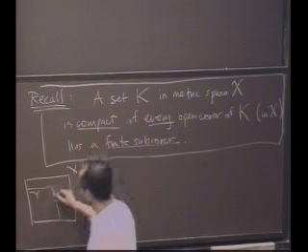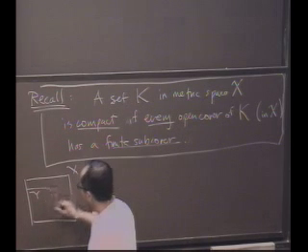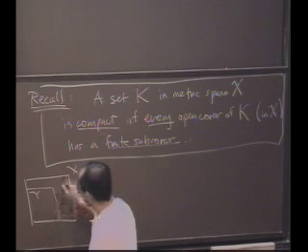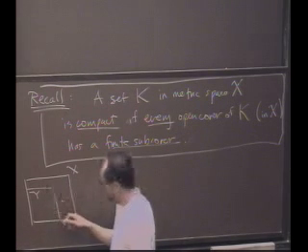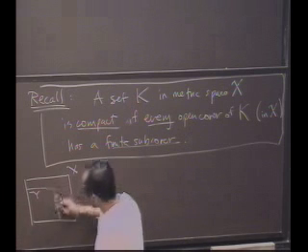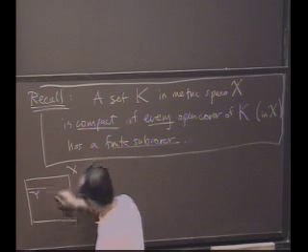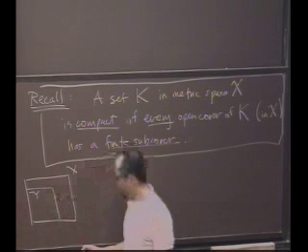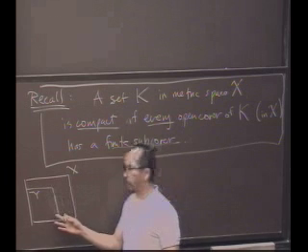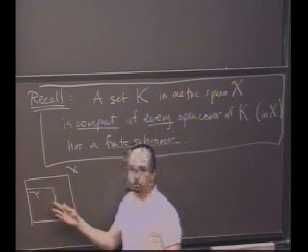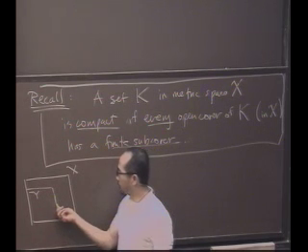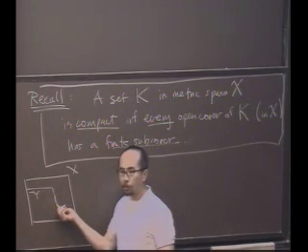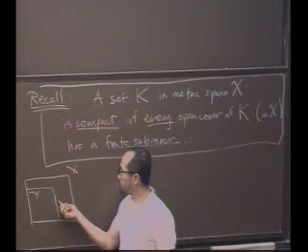You could imagine, for instance, a set like this, which doesn't contain its boundary here, but does contain all the points on the boundary here. Is this set open in X? No, it's not open in X because you could be right on the boundary here and perturb a little bit and you'd leave, right?